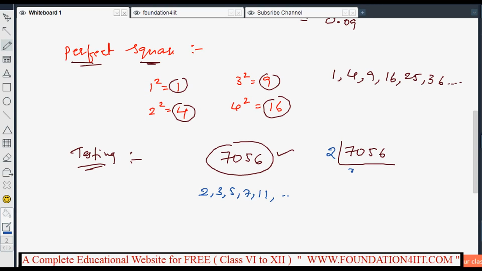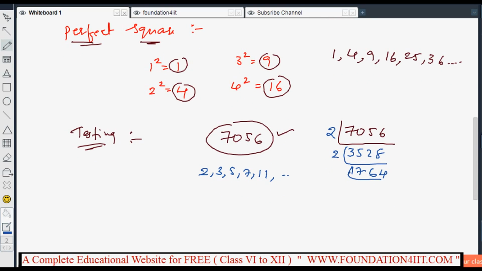Then 2 threes are 6, carry 10, 5, 2 fours are 8. Again we can divide with the 2 table. 1, 7, 6, 4. How to do prime factorization? If you don't know, you can see other videos also. This is the method to find the prime factorization: with the prime numbers we need to do division.